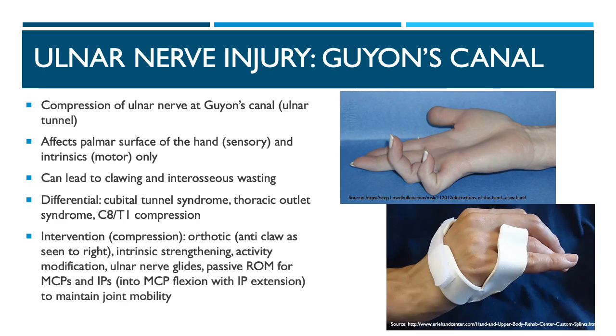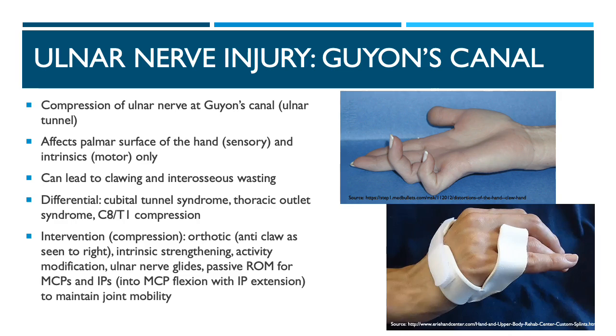So the top picture is a pretty typical presentation for clawing, but that could also occur with cubital tunnel syndrome or thoracic outlet syndrome or C8, T1 compression. There's a ton of different things that could result in clawing, so you want to make sure that your differential diagnosis is good and always look proximally.